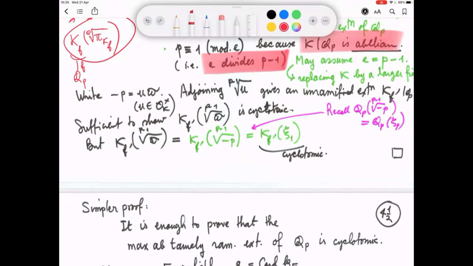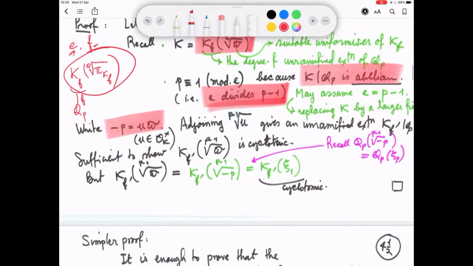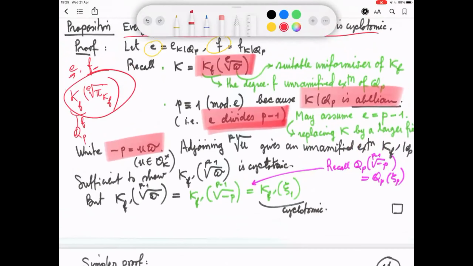So we know that e divides p minus 1. And now you write minus p as u times pi, where pi is what? Pi is a uniformizer of Kf, right? It's a uniformizer of Kf.